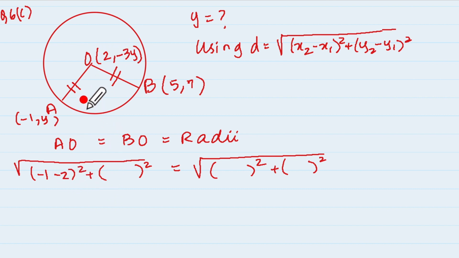For y I'll take this and this, so y2 minus y1 means y minus 3y means this. Agreed? Now for OB, x2 minus x1, y2 minus y1.